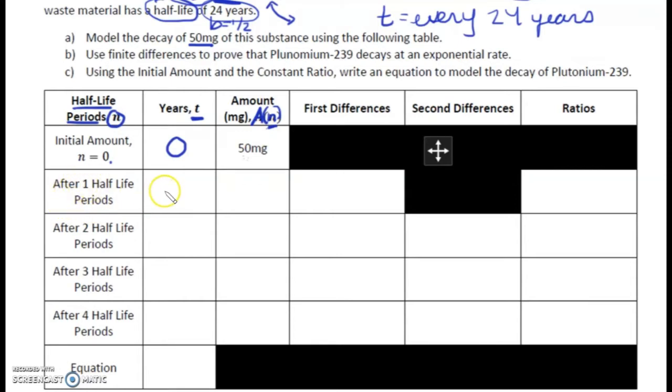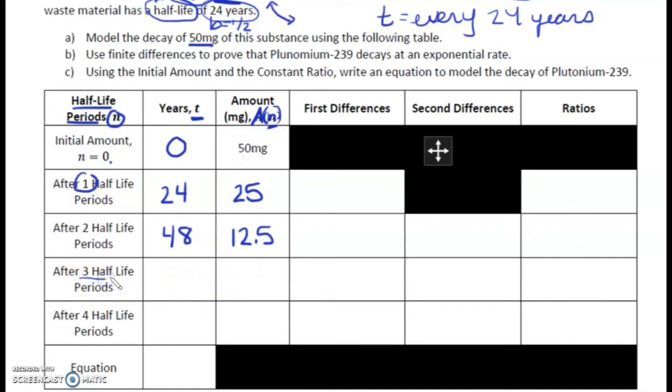Okay, one half-life is actually going to be 24 years. So the amount after one compounding period is half of 50. Okay, so two half-life periods is 48 years. Half of 25 is 12.5.